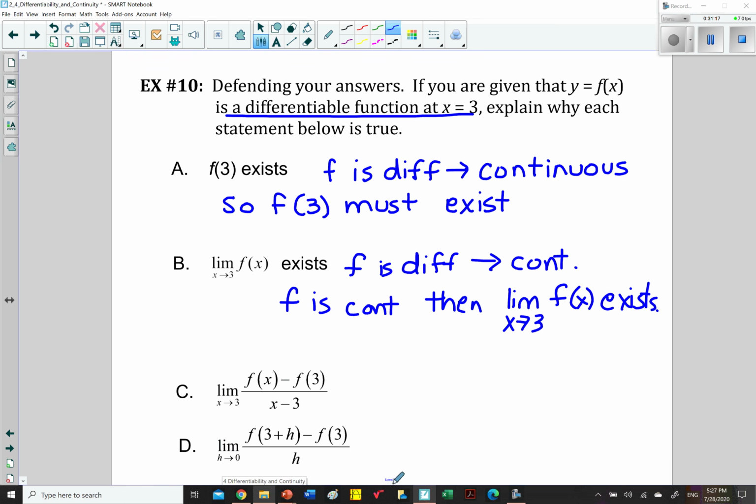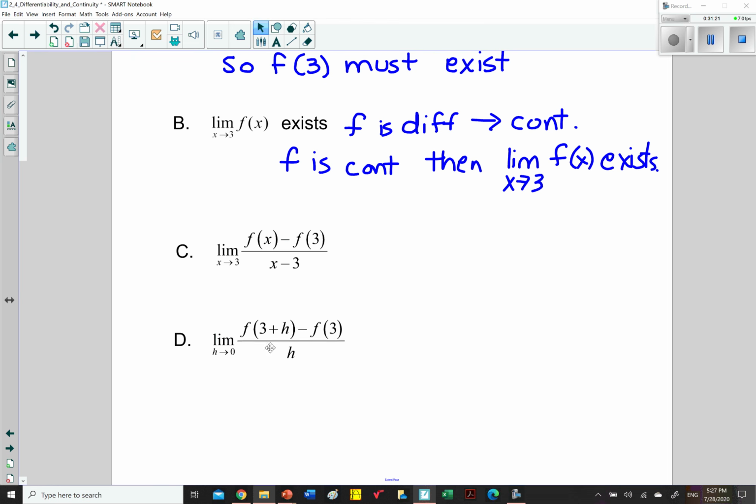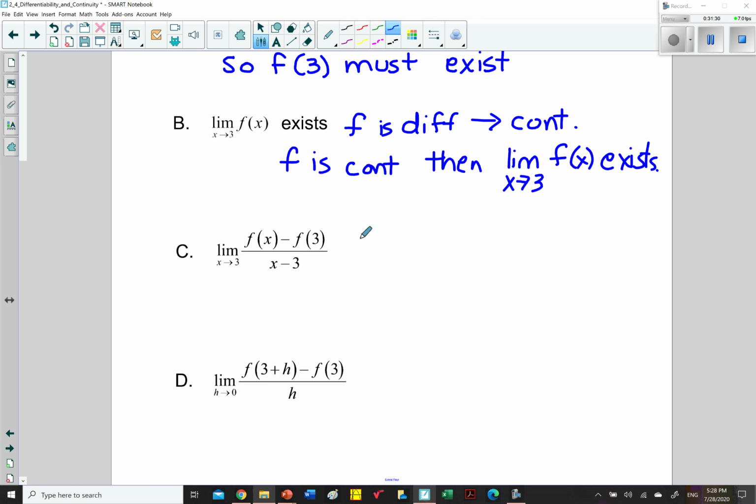Here, what do you notice about this? The limit as x approaches 3 of f of x minus f of 3 over x minus 3. Where have you seen that? That's my alternate definition of the derivative, right?